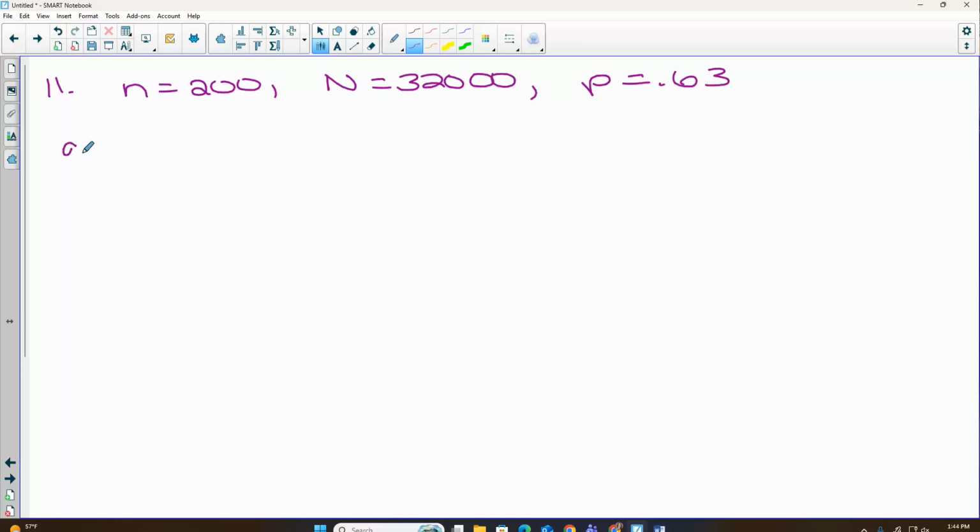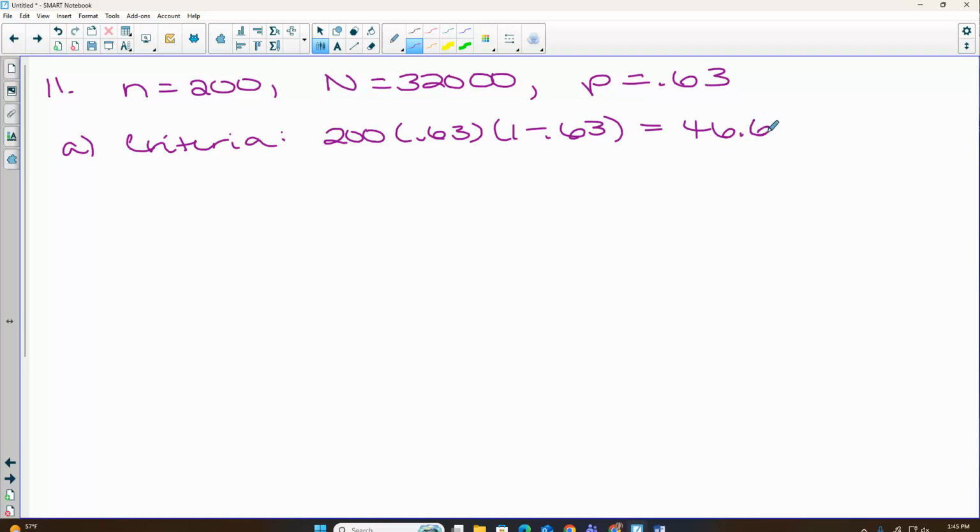So, describing the sampling distribution, we have to check our criteria: n times p times 1 minus p comes out to be like 46.62, which is definitely greater than 10. So that's good. Is 200 less than 5% of 32,000? Yeah.